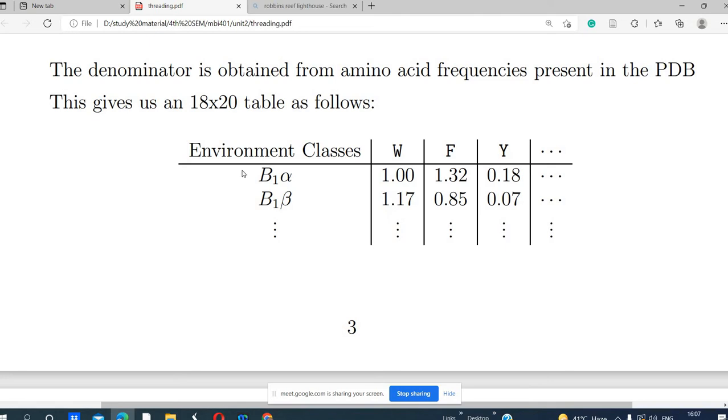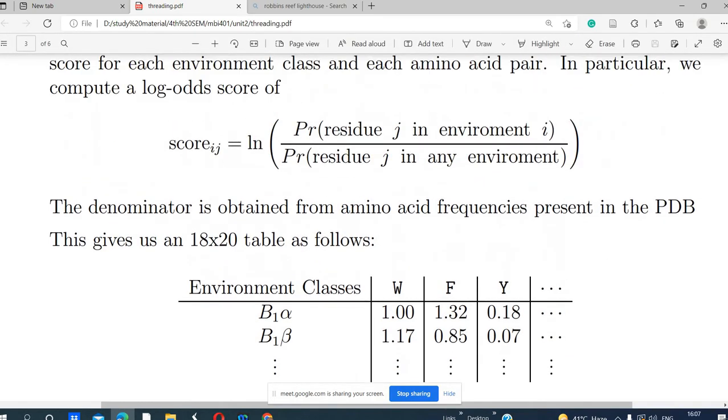Here we have the environment class in the first column, and in the second, third, fourth columns you can see the different amino acids. On the basis of that, we can assign the profile for each amino acid. Then we can model the structure. This is the formula: propensity of residue J in environment I and propensity of J in any environment.